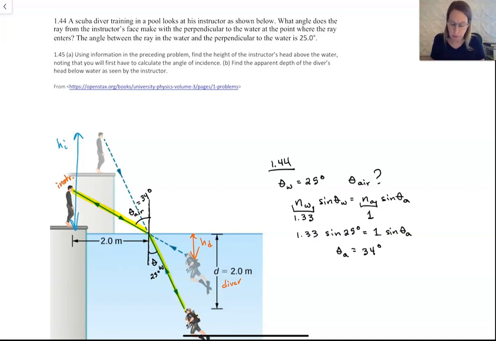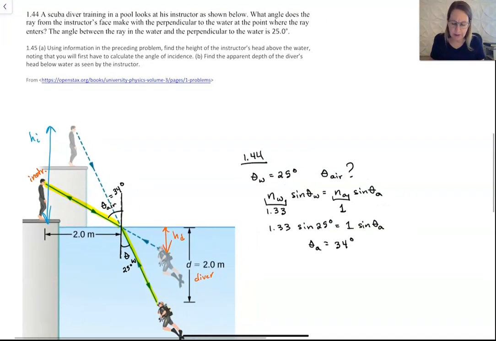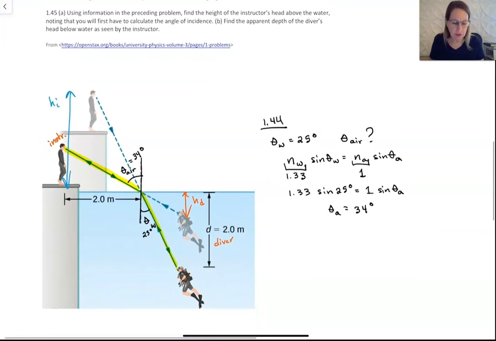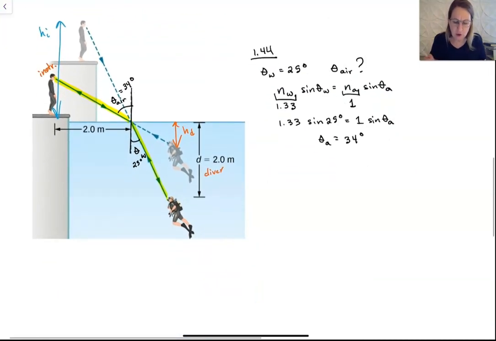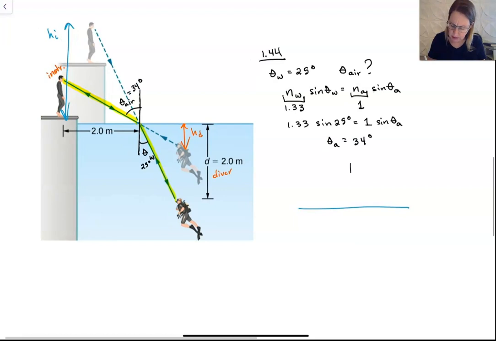I'm going to do both of those a little bit separately. You can keep this image in mind if you want. I'm going to redraw it. We'll look first at, so here's our water, and I'll try to draw the angles a little more to scale. Here's the 25 degrees theta in the water from the diver.